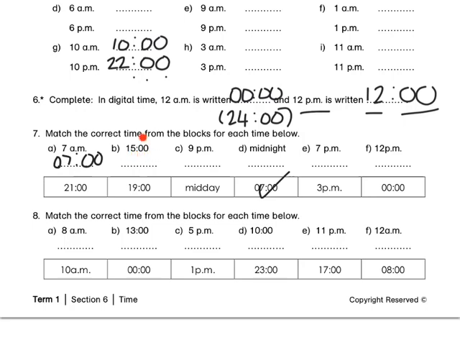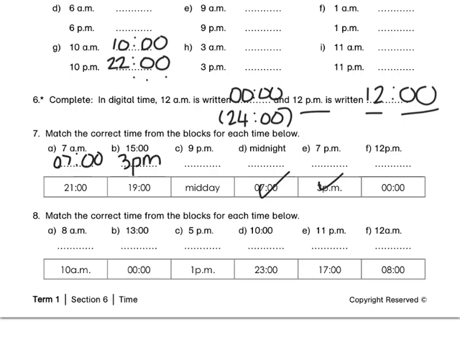This is quite difficult. We must now find a corresponding analog time to match this one. So not that, that's 21 hours, 19 hours. We know midday is 12 hours. If we look at 3 p.m., we know that 3 hours plus 12 means that 15 hours of the day have passed. So this one over here is 3 p.m.